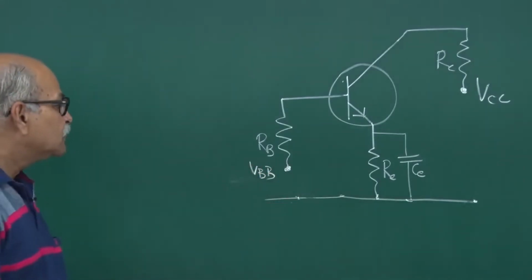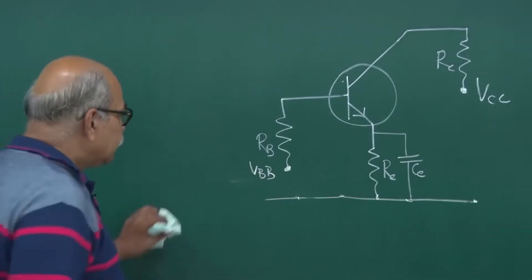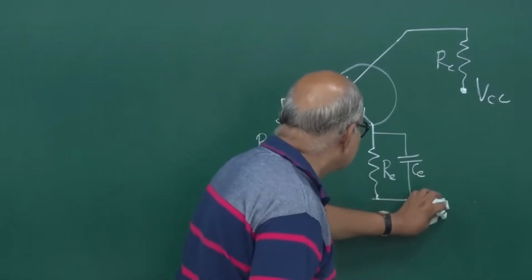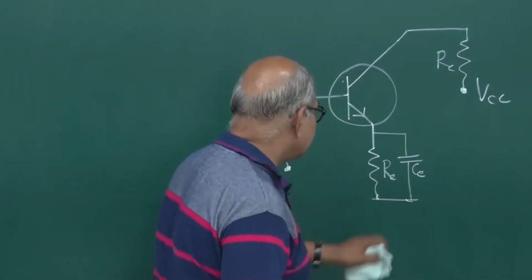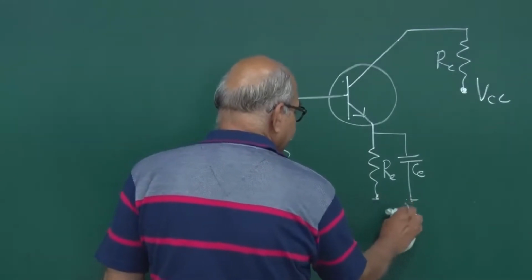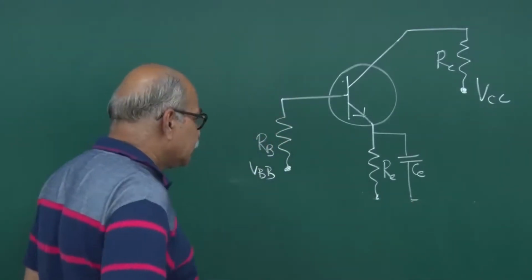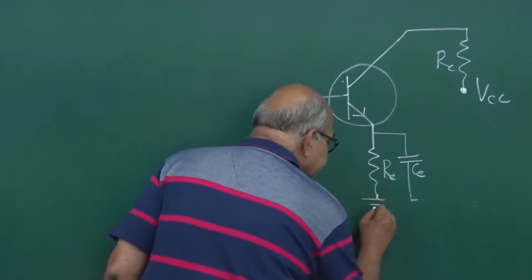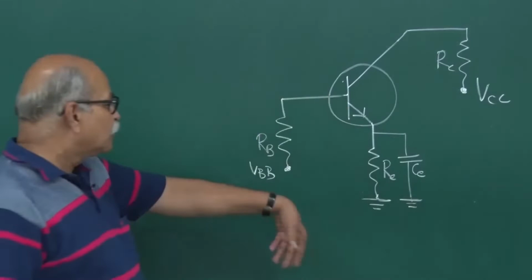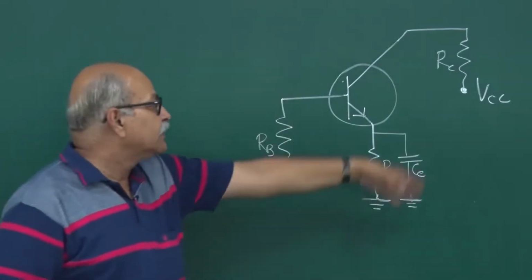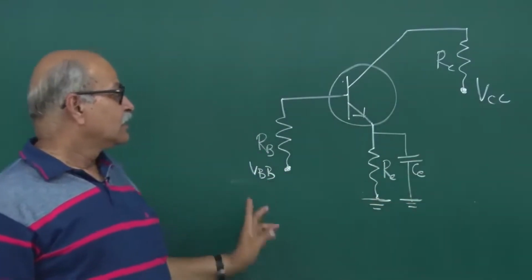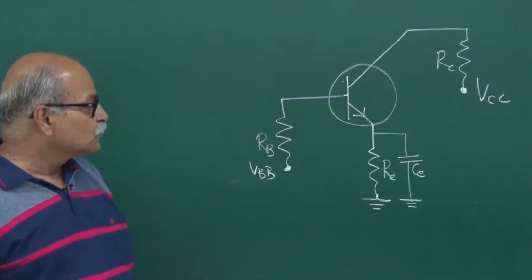And then you can remove this ground line also, and these things which are connected to ground, this also you can remove, and you can put a ground symbol here. You can say that this is ground. Wherever there is a zero potential point, you can put this symbol anywhere in the whole circuit, and we know that that is connected to this line. So this is one thing.